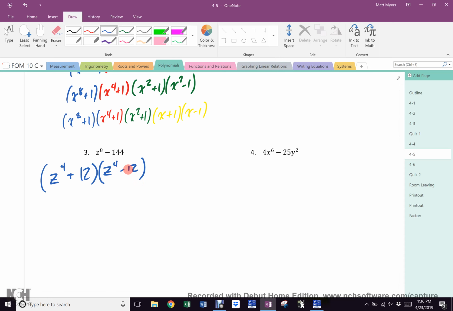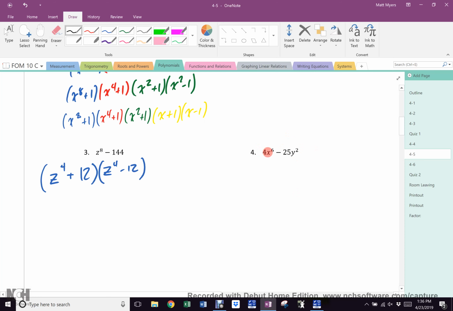Now, 4 requires you to put a lot of stuff together. You need to think real closely. Remember, you know what to do if it's that, right? What would you do if it was that? You take the square root of the first one, and you take the square root of the second one, right? Which we've done 3 times, haven't we? So, do that here.